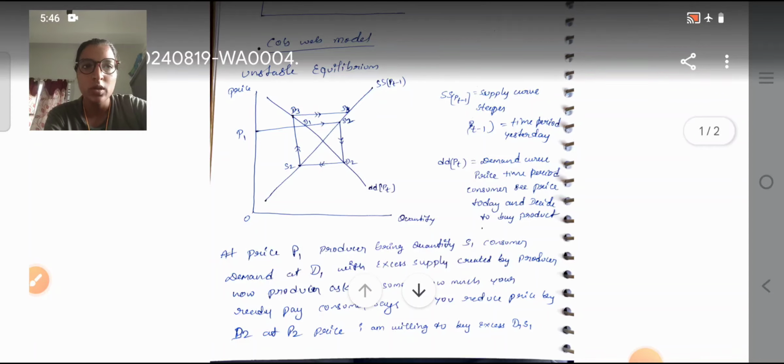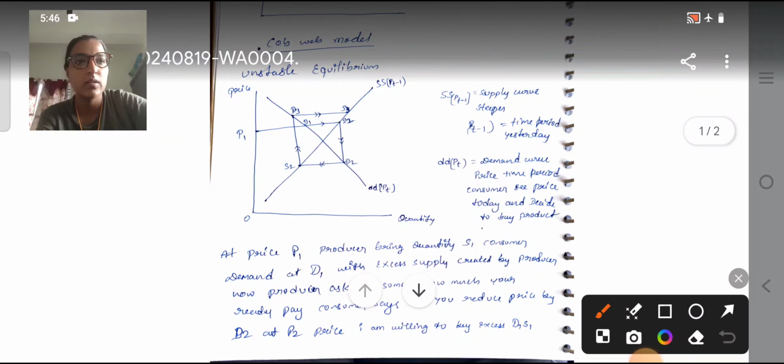I'm going to explain once again with the diagram I drew here. I took quantity on the X axis and price on the Y axis, and the supply curve is steeper and the demand curve is flatter.